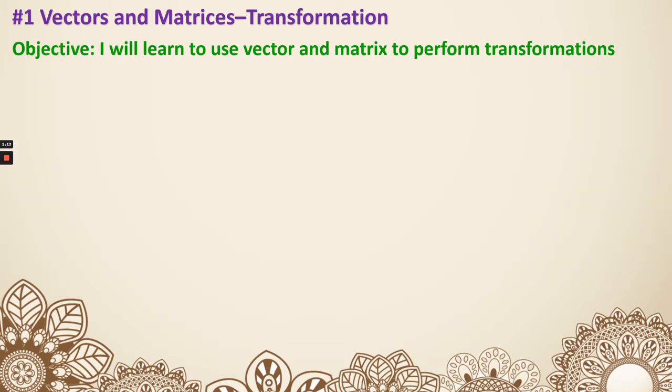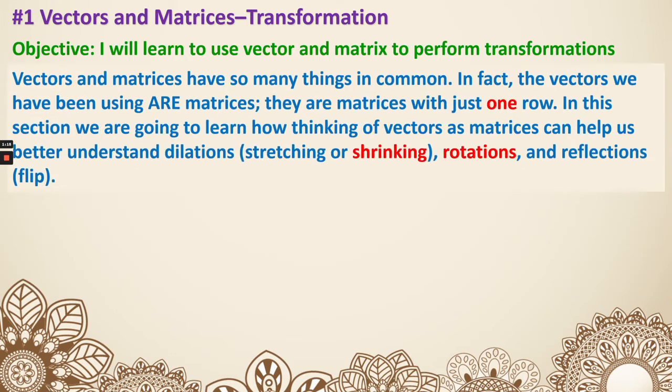But vectors and matrices are actually even closer than we thought. They have so many things in common, and in fact, vectors we have been using are matrices. They are matrices with just one row. So technically, it could be a row or a column. When we get to the example, I'll explain why I chose to just represent it as a row.